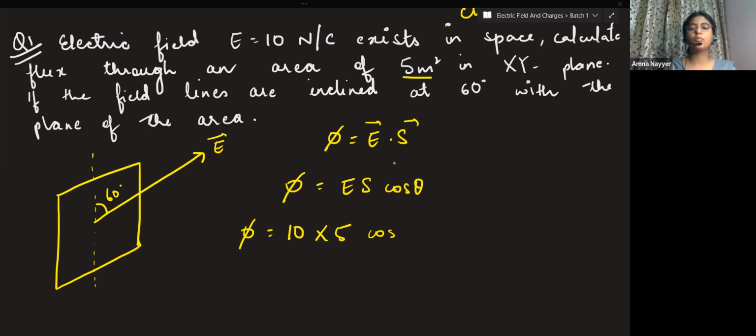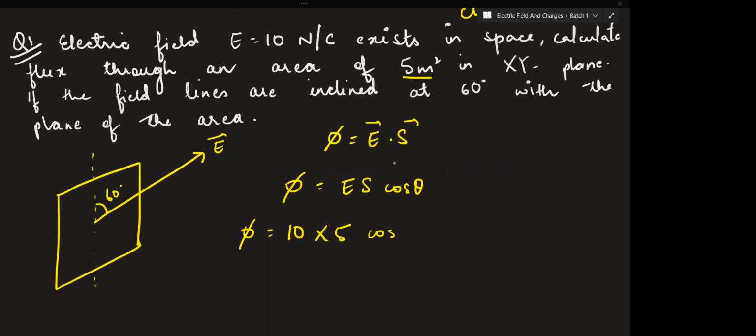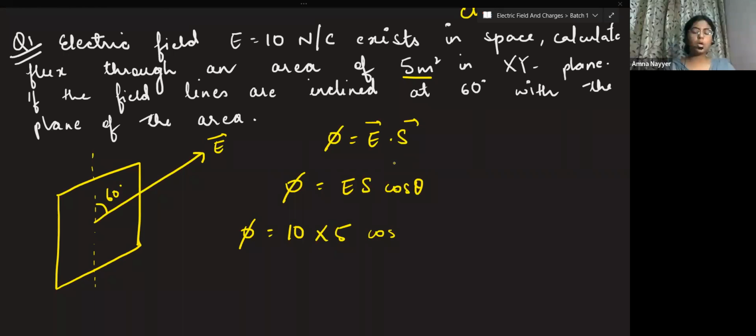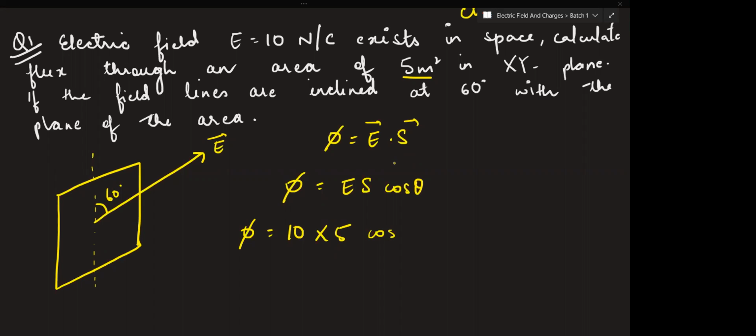So yes, Khalid, what is theta that I should put? Hania, you tell. Cos 60 degrees. Okay, Hania, tell me what is this theta that we take in the formula? The angle between the electric field and the area vector.